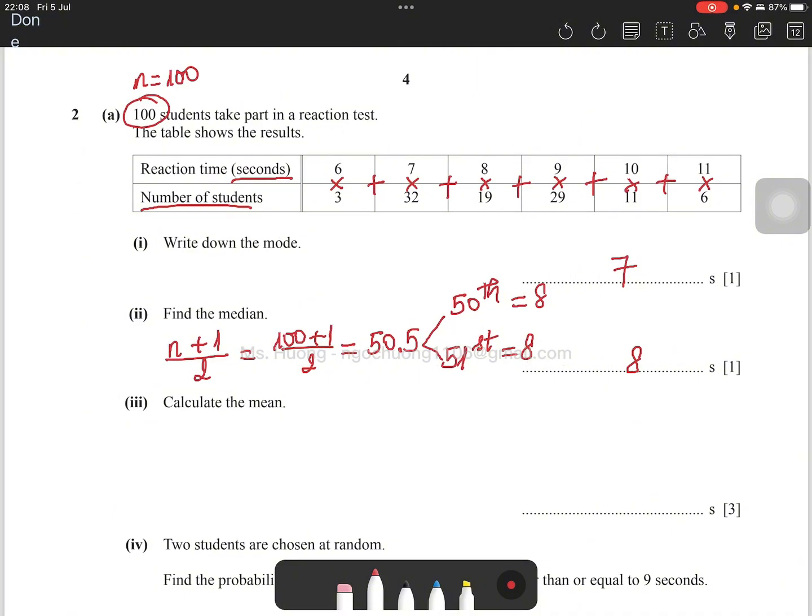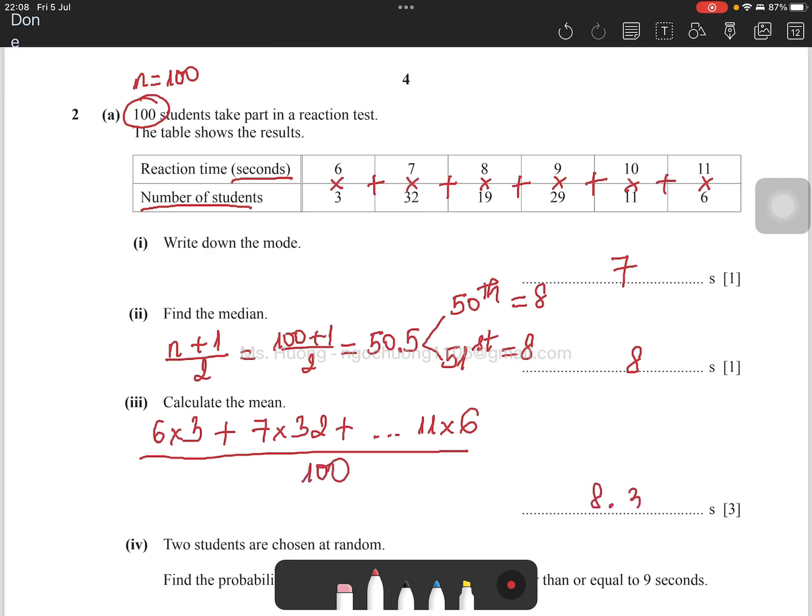So I will write down the formula again. 6 times 3 plus 7 times 32 plus 8 times 19 until 11 times 6. And then we divide it by 100 students. And the answer is 8.31 seconds.